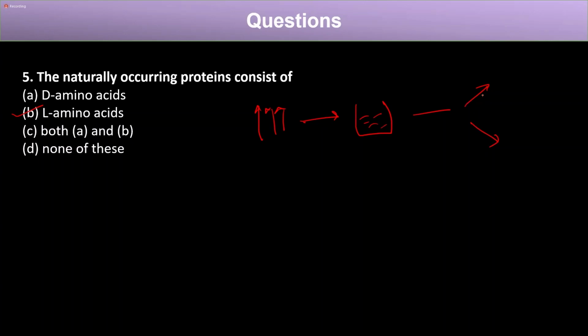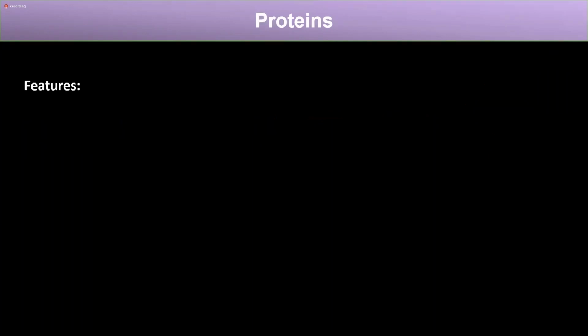If this mixture rotates the light in the left direction, it is known as levorotatory, or L, right? And all the naturally occurring protein consists of these L amino acids because these amino acids rotate the plane polarized light in the left direction. Okay. So with this, we have completed our amino acid part.